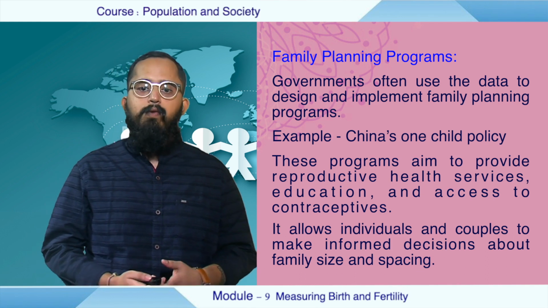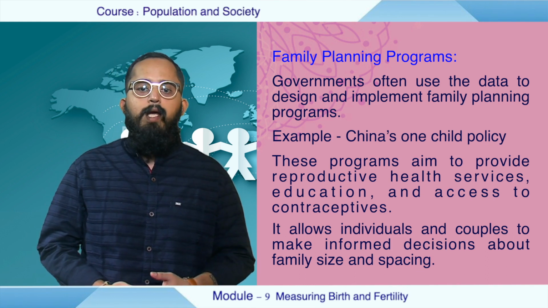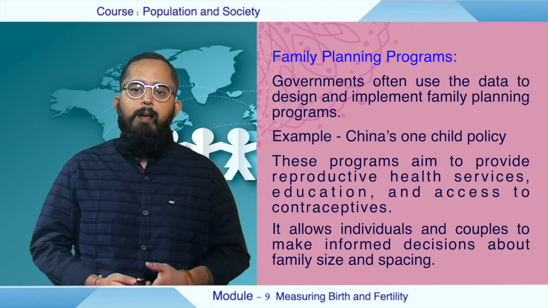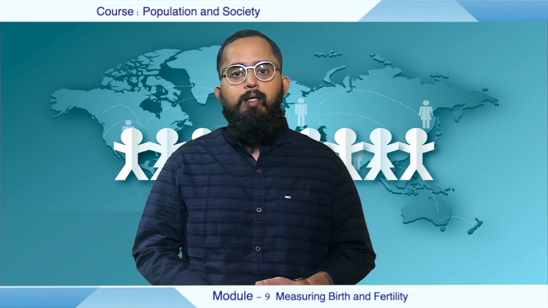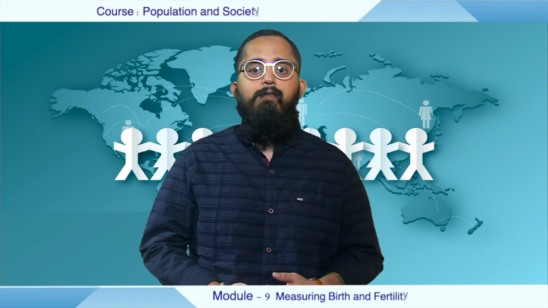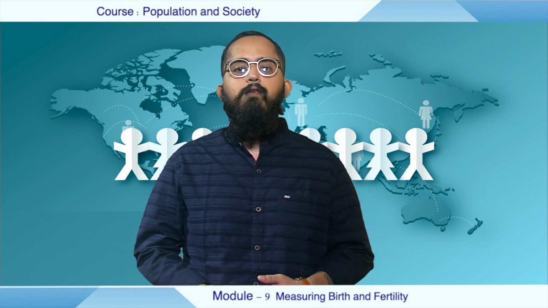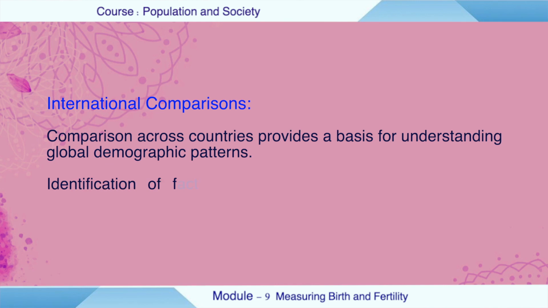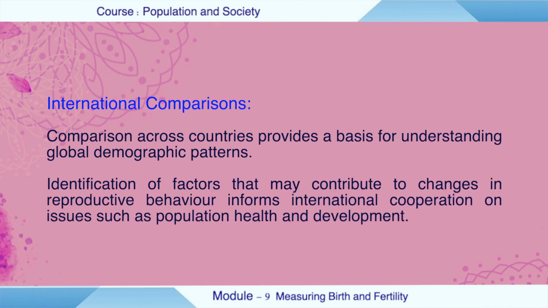It allows individuals and couples to make informed decisions about family size and spacing. The birth and fertility rates are vital inputs for the formulation of various policies, including those related to social welfare, employment, as well as housing. Understanding demographic trends helps the government in developing strategies that align with the evolving needs of their population.